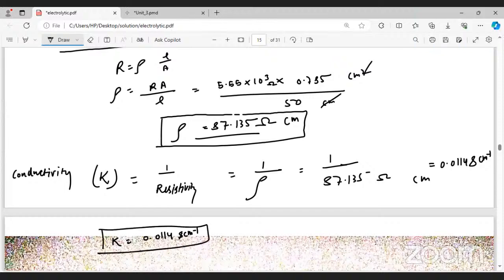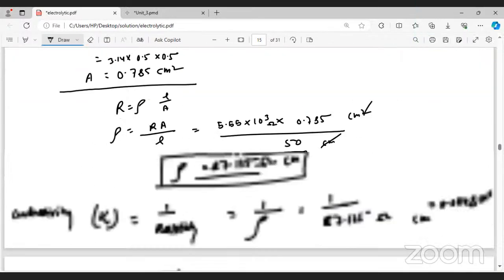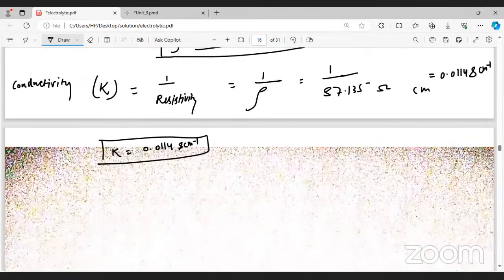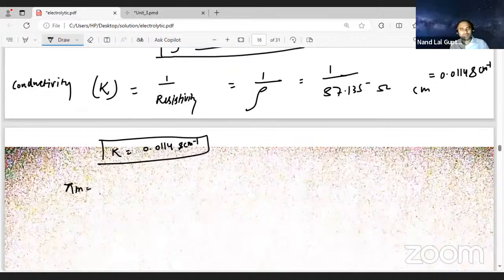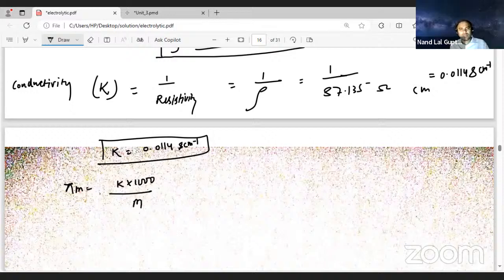Now they are asking one more thing, lambda m. So lambda m also you can calculate. What is the lambda m value? K into 1000 upon the concentration, molarity. K they have given, 0.0114.